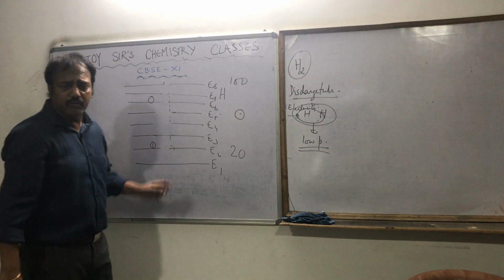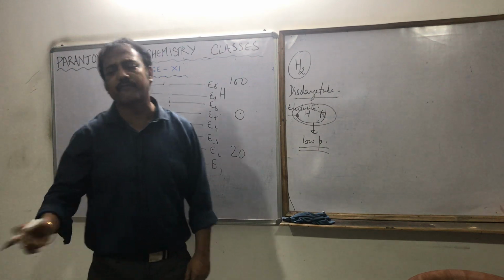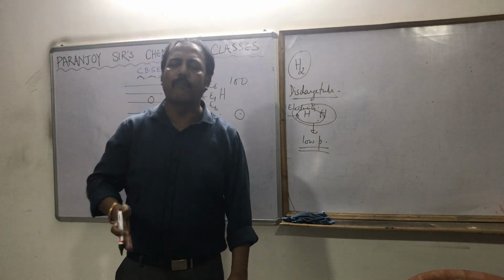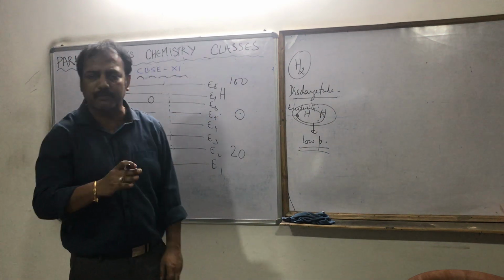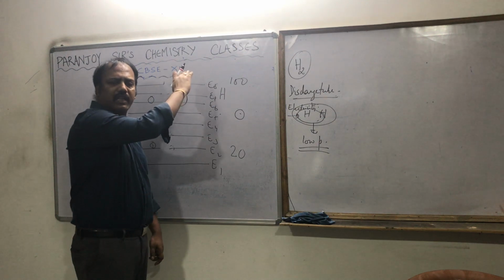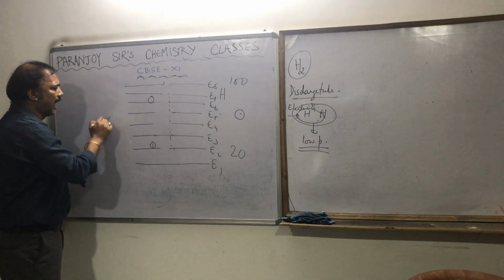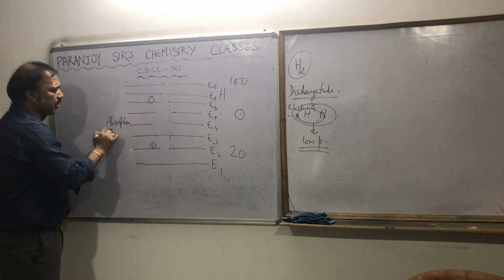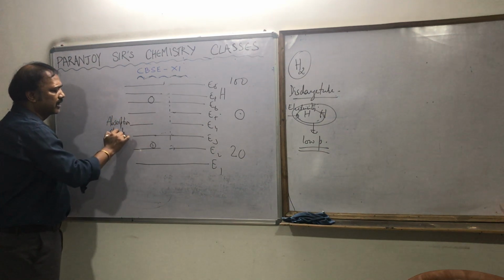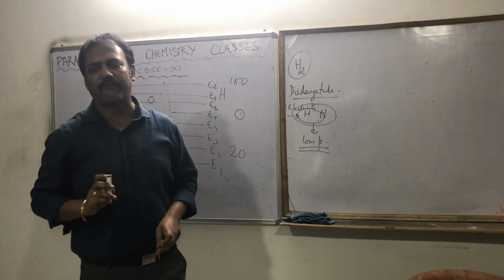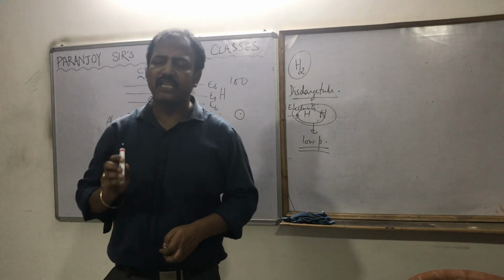It will go from 20 to 60 by absorbing 40 amount of energy. The line obtained because of this particular jump of the electron from the lower energy level to the higher energy level is called the absorption spectrum. So you understood what the emission spectrum of the hydrogen atom is and what the absorption spectrum of the hydrogen atom is. That is very clear.